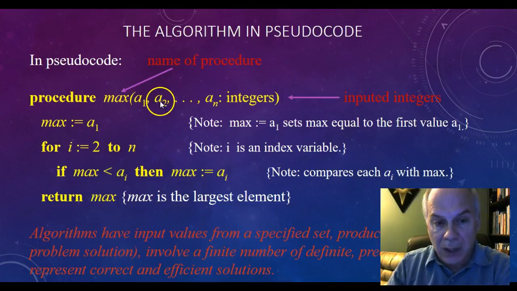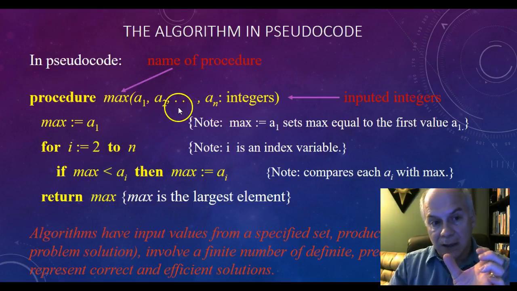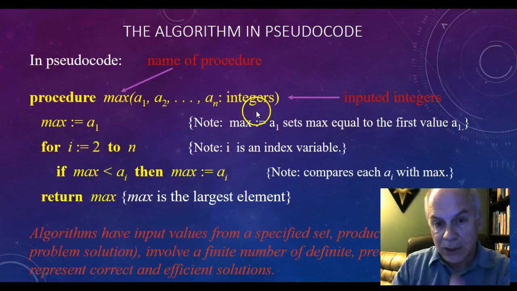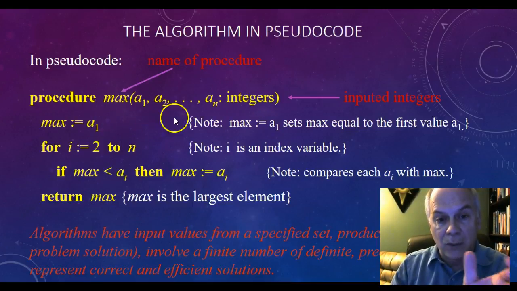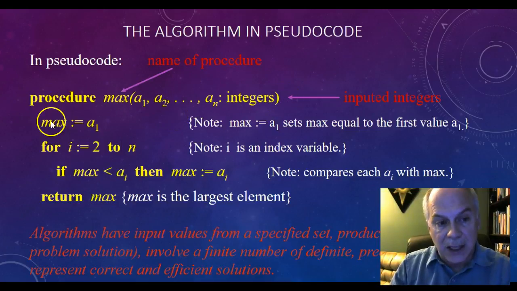So that's what the A1, A2, dot, dot, dot, AN, A sub n is. It's basically telling the procedure to input those integers, and then it tells what type of variable or what type of numbers those are. All right. So then we input the integers. So that's the first line.